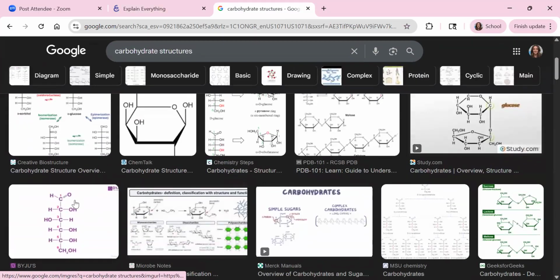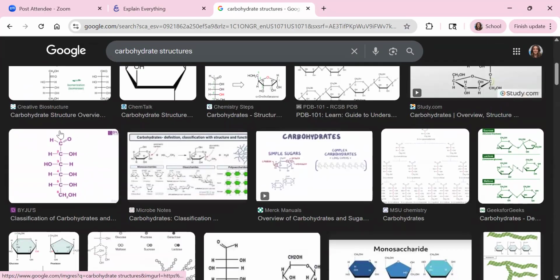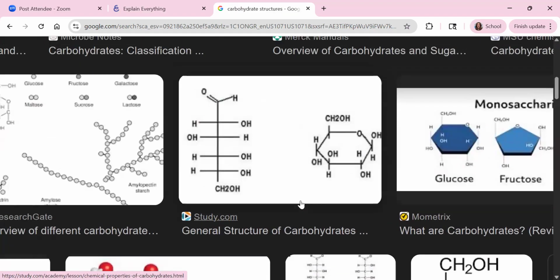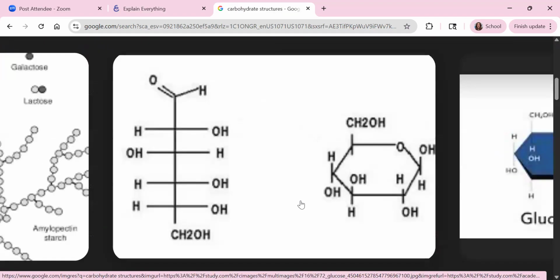Have you guys looked at, so this is called a Fisher projection. Have you guys looked at these or has it just been this? Kind of both. Okay, actually, I think this one might be a good picture to look at. This one right here is called a Fisher projection of a carb.